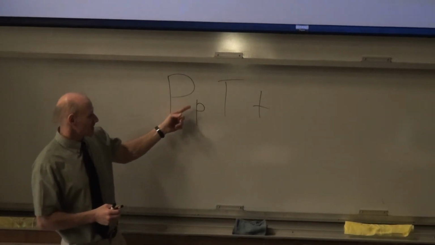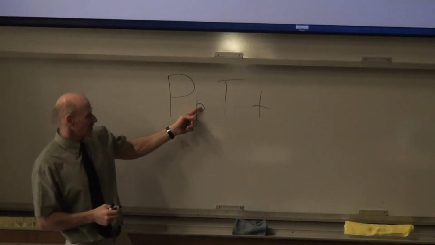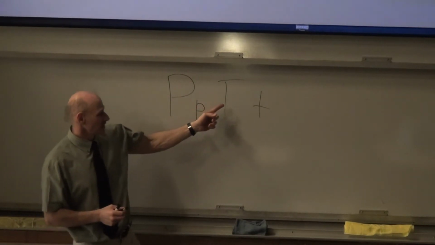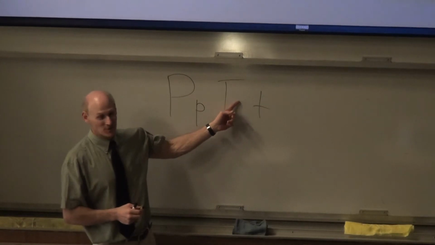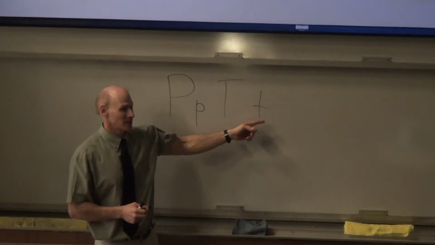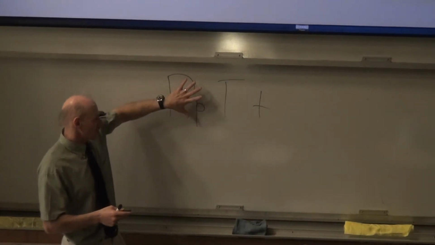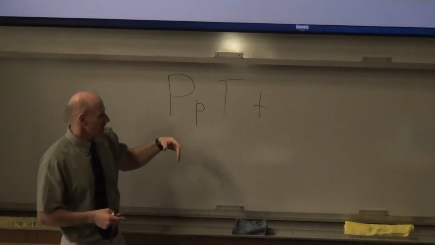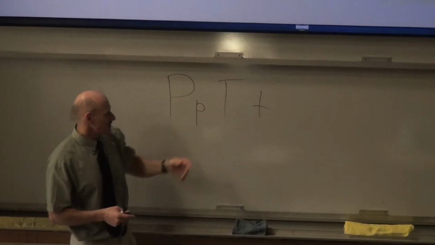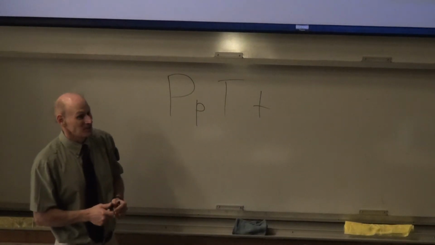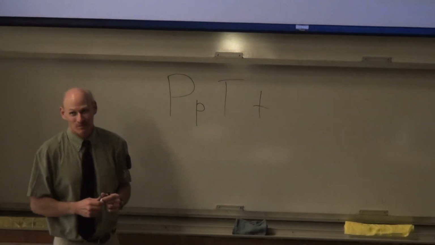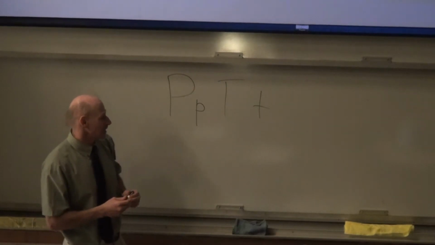But which one it gets is random: half the sperm will get the big P allele and half the sperm will get the little p allele. And likewise with the tallness alleles, half the sperm will get the big T and half the sperm will get the little t. But each sperm has to get one of the flower colors and one of the tallness alleles, and all combinations and permutations are equally likely.